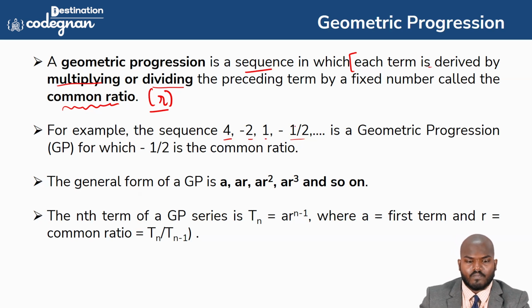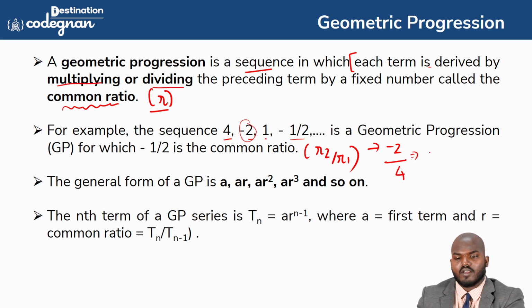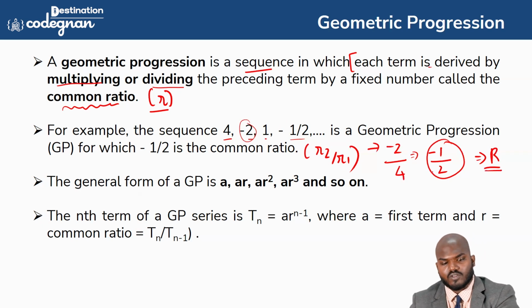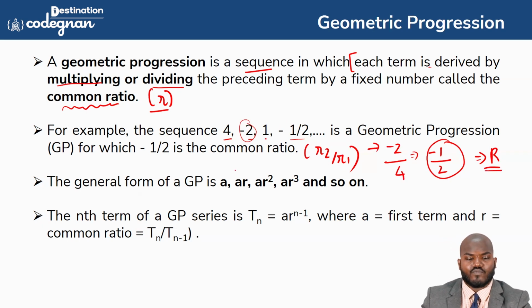Coming to the ratio, you need to take a ratio: R equals T2 by T1. T2 is -2 and T1 is 4. If I do this, I get -1/2. This is what we call the common ratio.